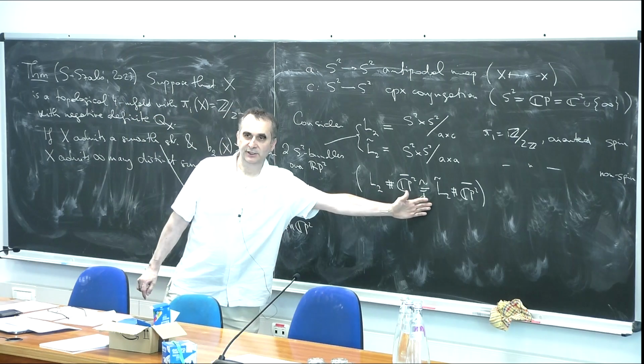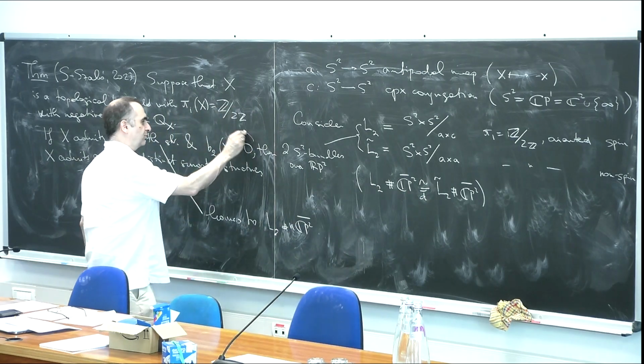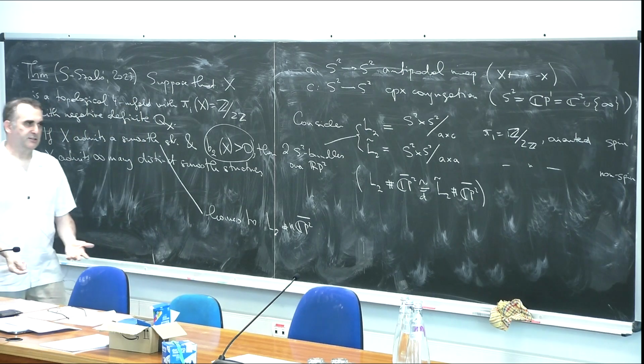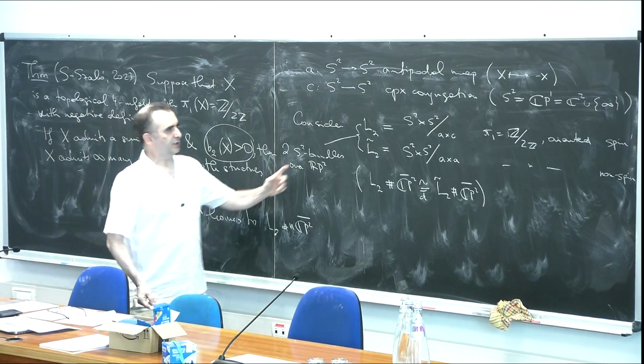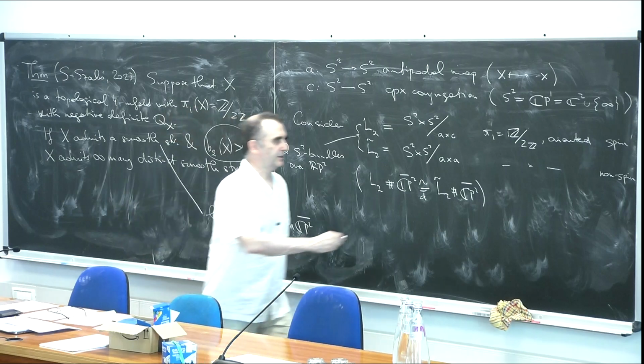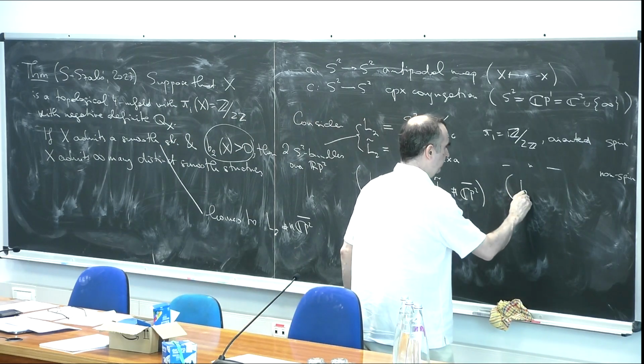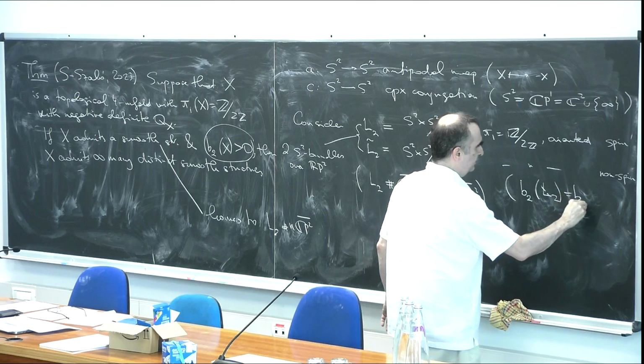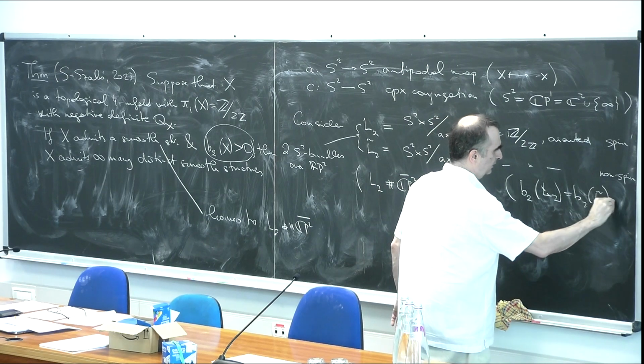And notice that I assumed this little assumption, which just sort of excludes the discussion about L2 and L2 tilde. It's easy to see that B2 of L2 as well as B2 of L2 tilde is just 0.